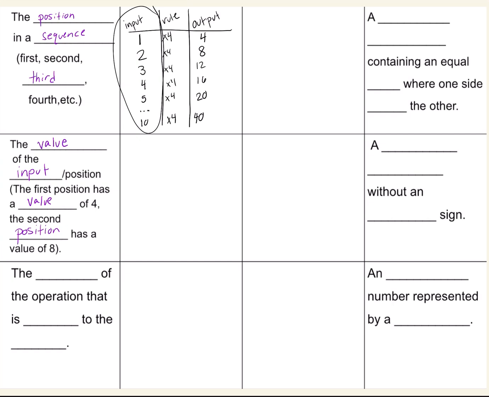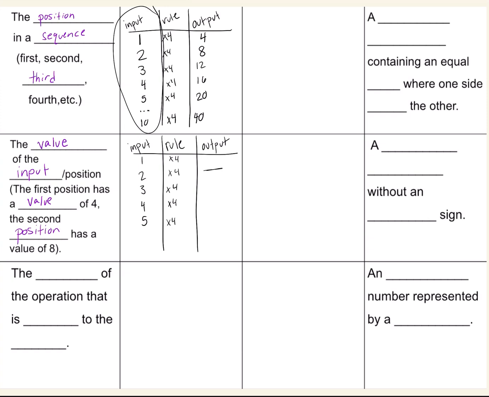Again, here's my table. We had our input, our rule, and our output. Our rule was times 4, which means you're taking that input and applying the rule to give you the output.